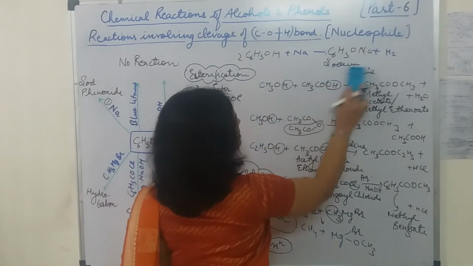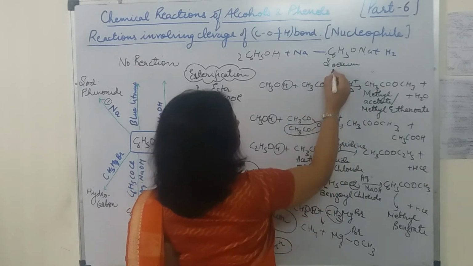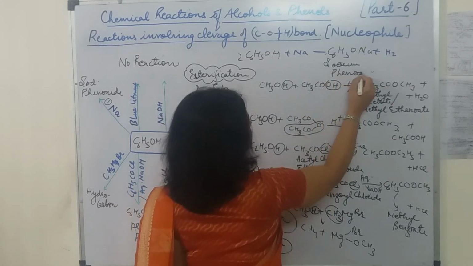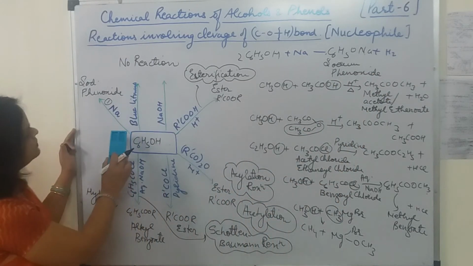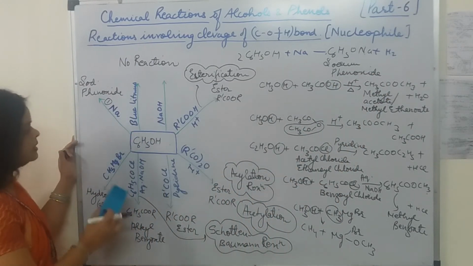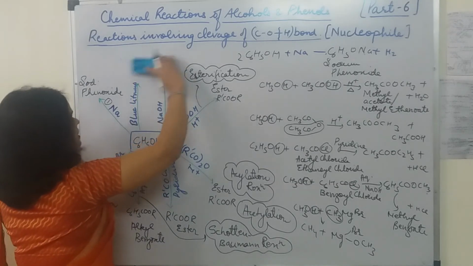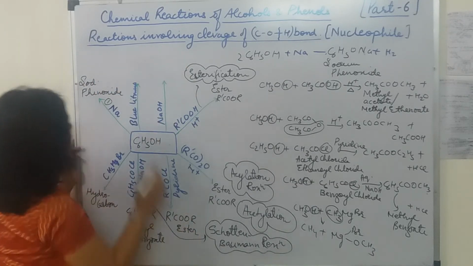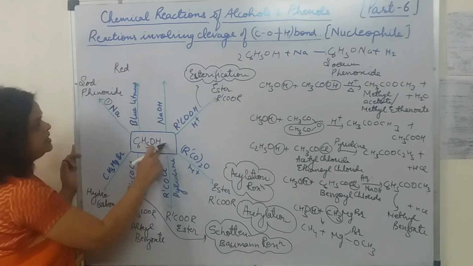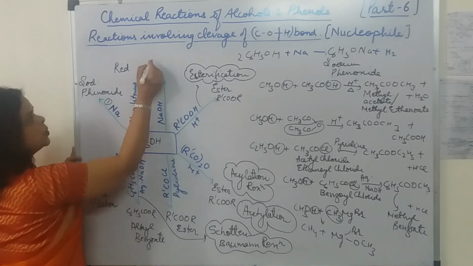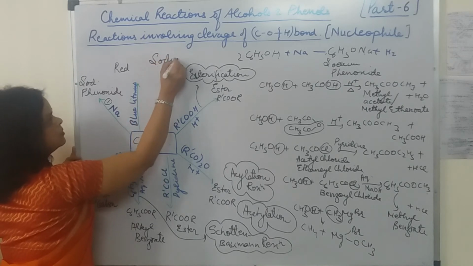What is the name of this compound? It will be sodium phenoxide. Okay, now when it combines with blue litmus and NaOH, alcohol was not giving any reaction, but this phenol reacts and it turns the blue litmus red. Okay, and when it combines with NaOH, it gives the sodium phenoxide.